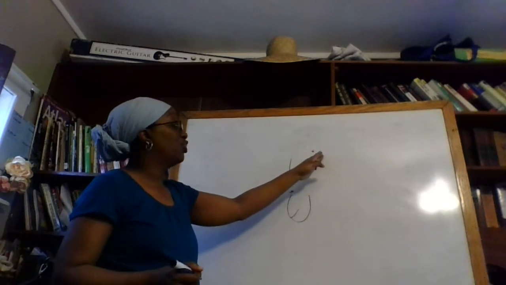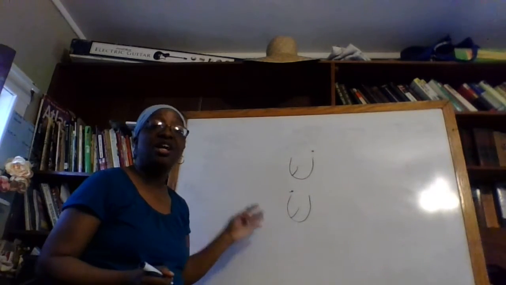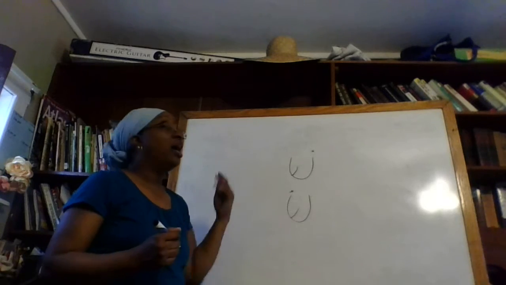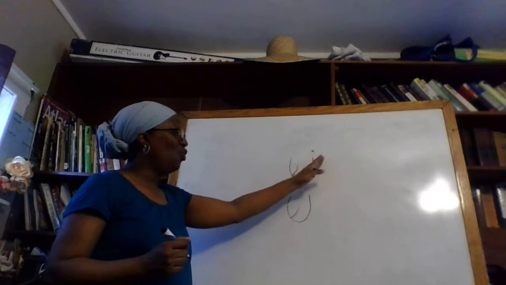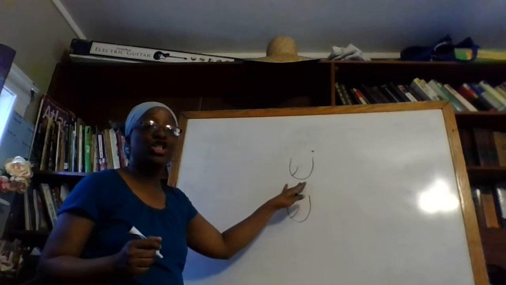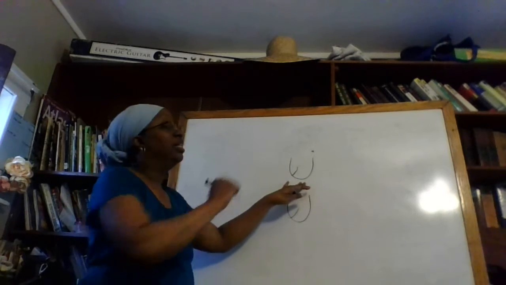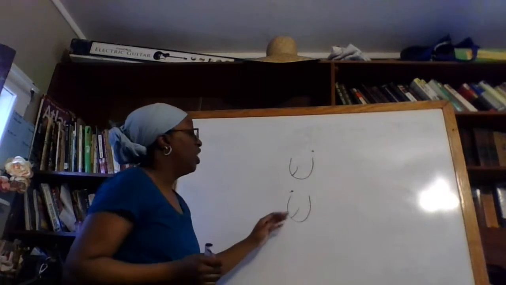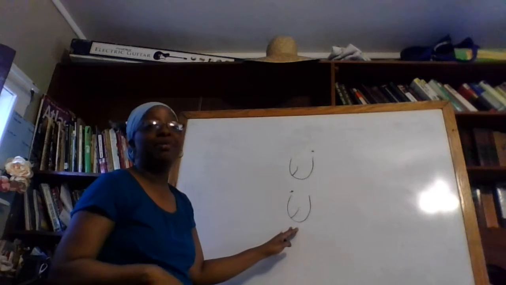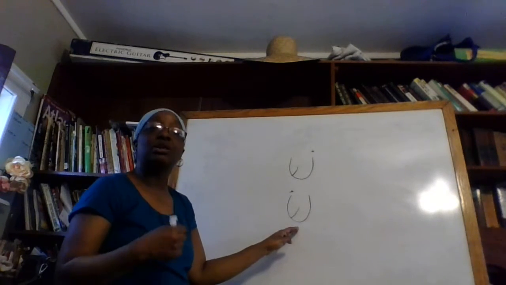So when the dagesh is to the right, it's Shin. When it's to the left, it's Sin. When it's to this side, it makes the sh sound. And when it's to the opposite side, it makes the s sound like in snake.